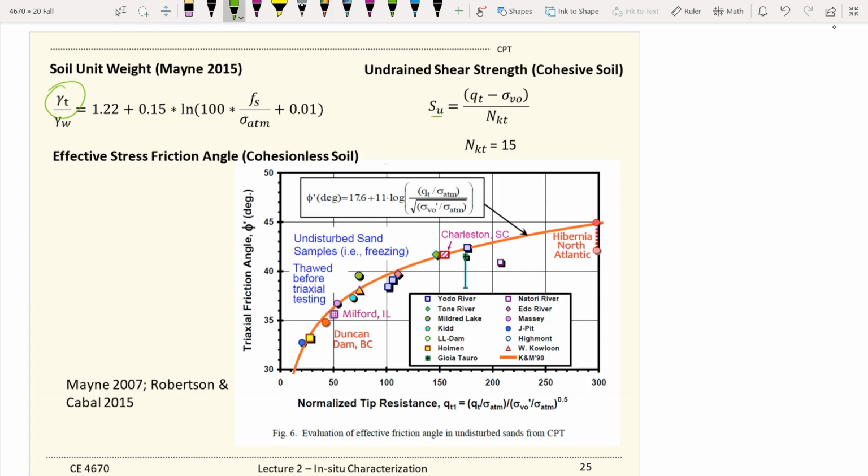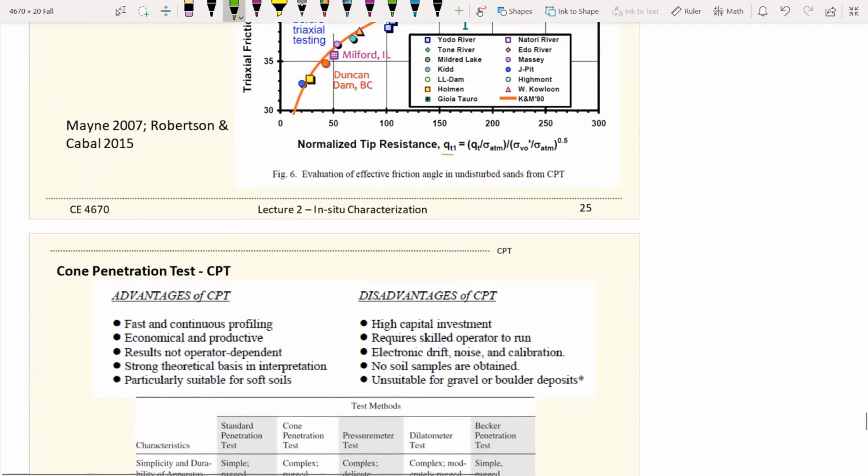Remember last time when we talked about the SPT, you cannot reliably find out the undrained shear strength for clay, but this CPT method claims it can. It can be more reliable in finding the undrained shear strength of clay, and also soil friction angles, because there are correlations to help us change the normalized tip resistance to correlate with the soil friction angles. So it's all capable to do that. We will do examples together.